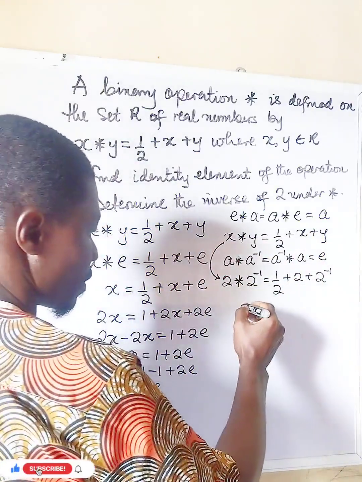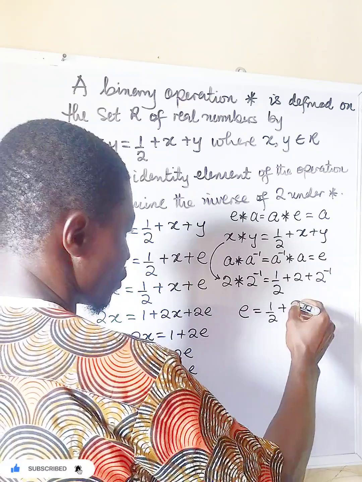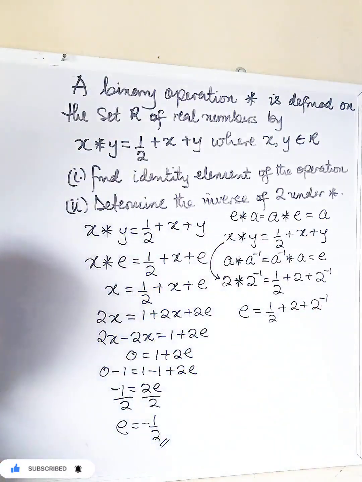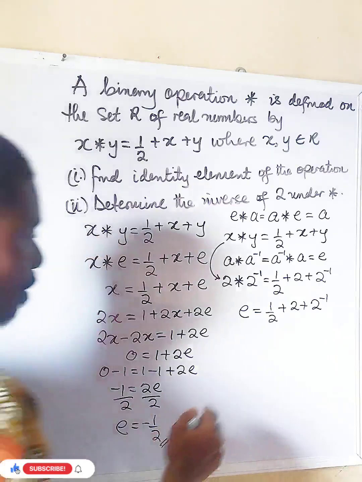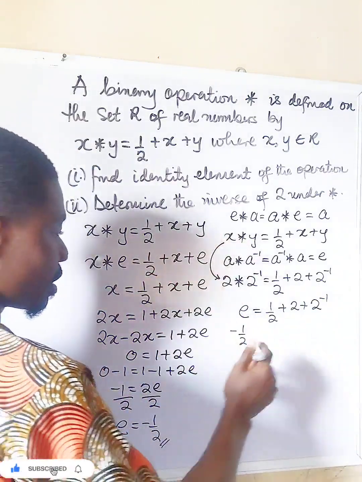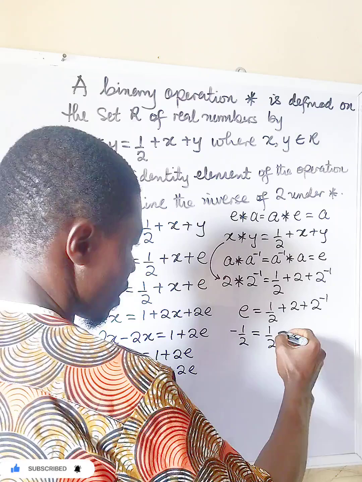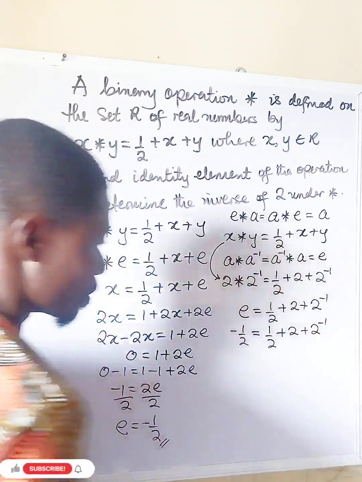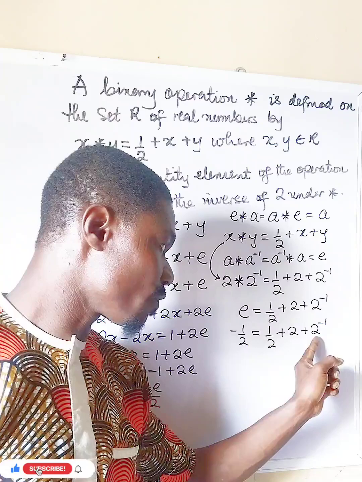Take note that this operation will give you the identity element. So the whole of this gives you the identity element e, which is 1 all over 2 plus 2 plus the inverse of 2. However, the identity element here is minus 1 over 2. So using minus 1 all over 2 to replace the identity element in the equation, then equals 1 all over 2, then plus 2 plus the inverse of 2. Take note, we are actually looking for this inverse.